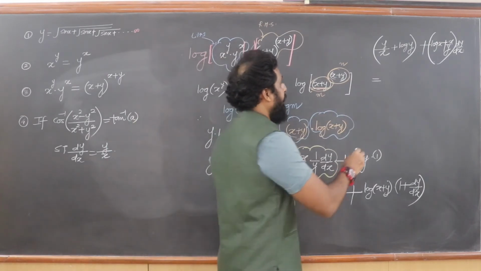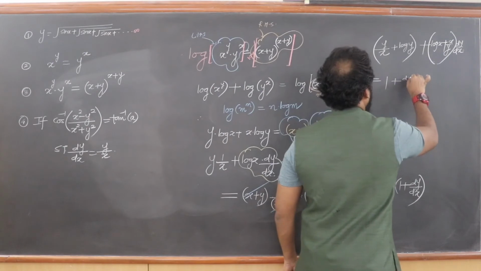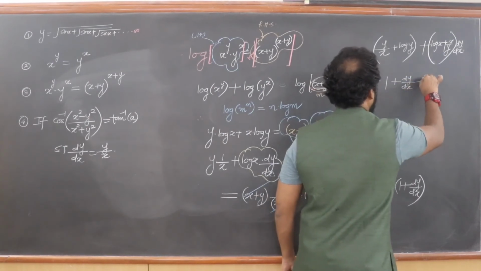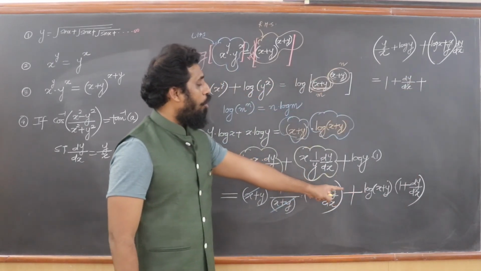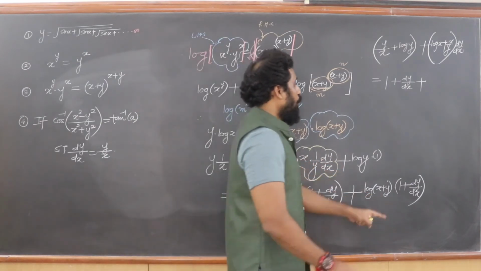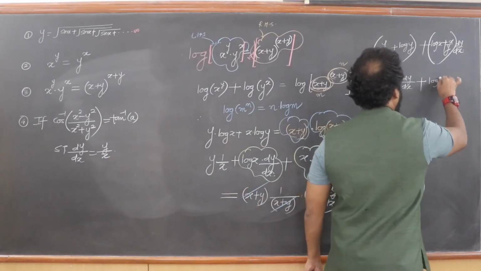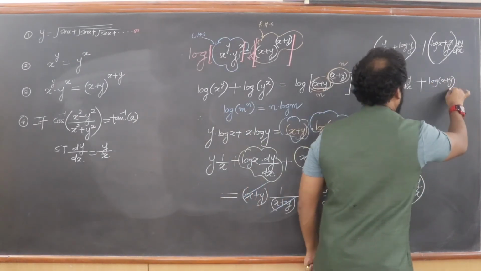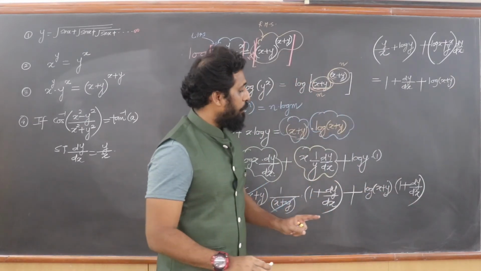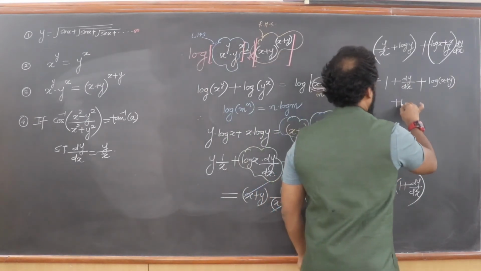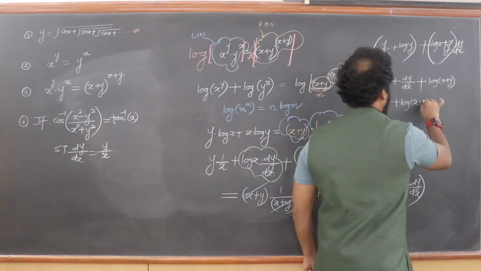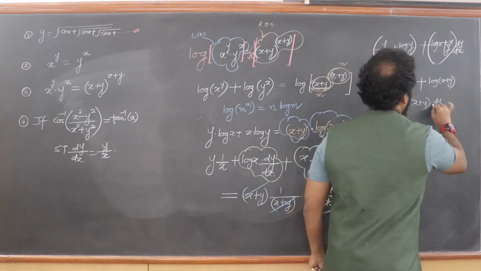So I'm going to write it like this: 1 plus dy by dx, and then again plus, let's multiply log of x plus y inside the bracket. So you get log of x plus y into 1, so that's log of x plus y, and then plus log of x plus y into dy by dx.